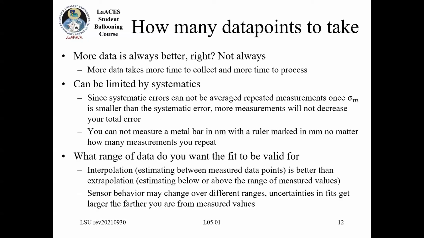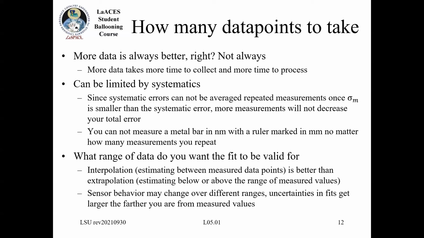So conversely, there becomes a point where it's not really helping you to take any additional data points, right? In general, you tend to think more data is better, but at a certain point, you're not really learning anything more from the extra data, right?